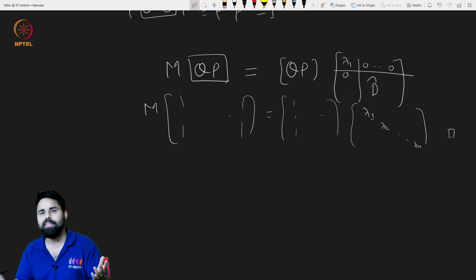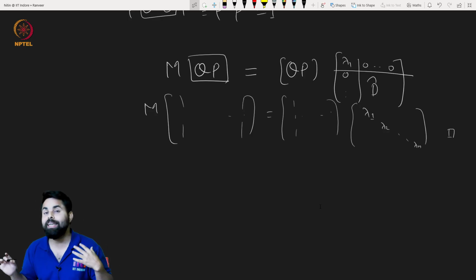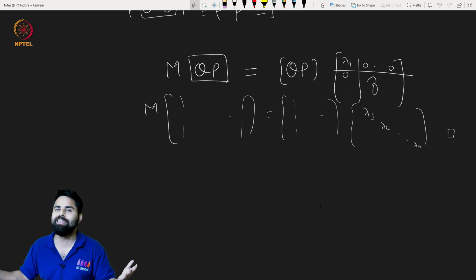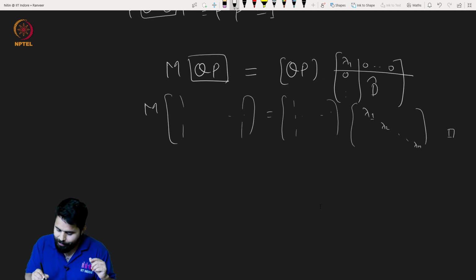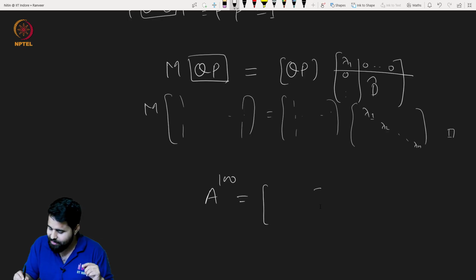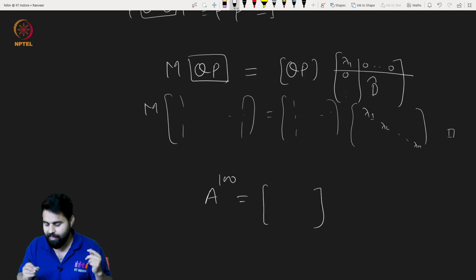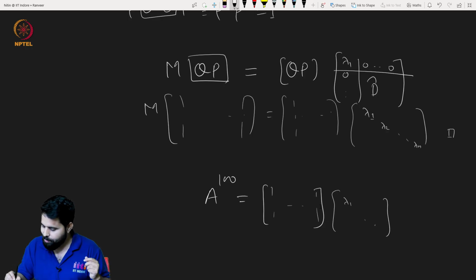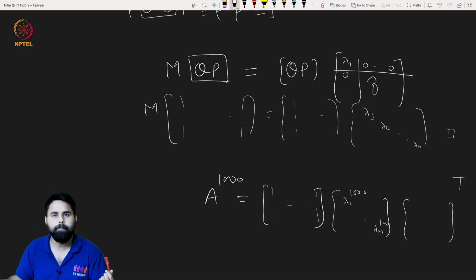Suppose A to the power 1000 is given, and the matrix is symmetric. An adjacency matrix is always symmetric, by the way. So A to the power 1000 is nothing but: you find the eigenvectors of that matrix A, and then the eigenvalues lambda 1 up to lambda n, you raise them to the power 1000, and the same matrix transpose.